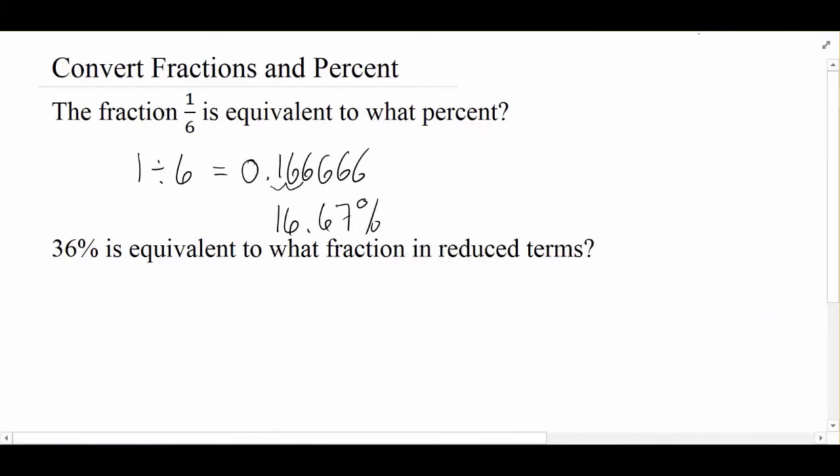Now if I want to go the other direction of saying 36% is equivalent to what fraction, well, this is easy because of our calculator. And if we take into account what I had just said about percent literally meaning divide by 100, 36% literally means 36 divided by 100, but we could also turn that back into a fraction then.